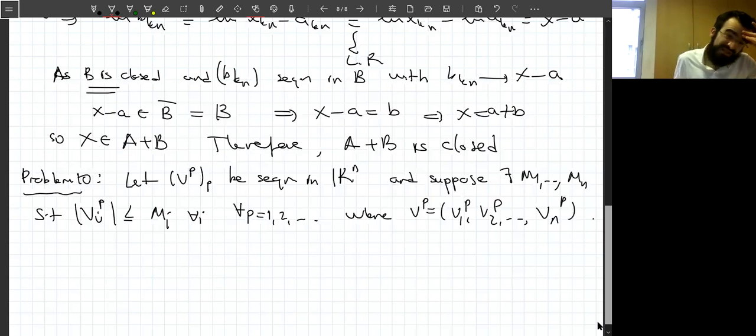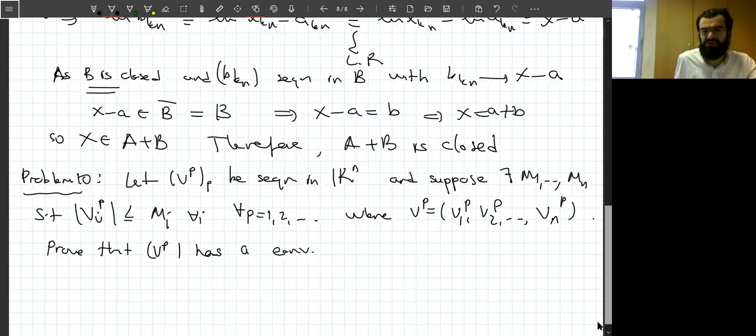Prove that v^p has a convergent subsequence. Okay.